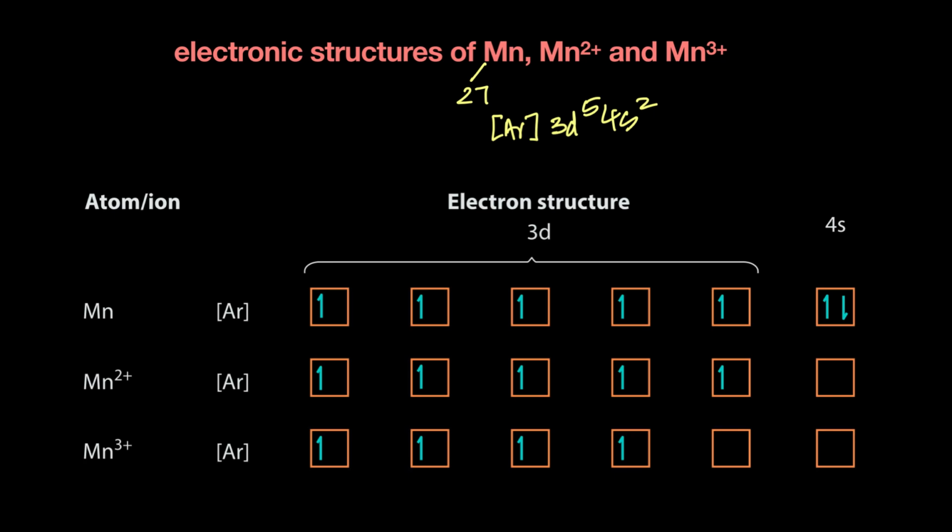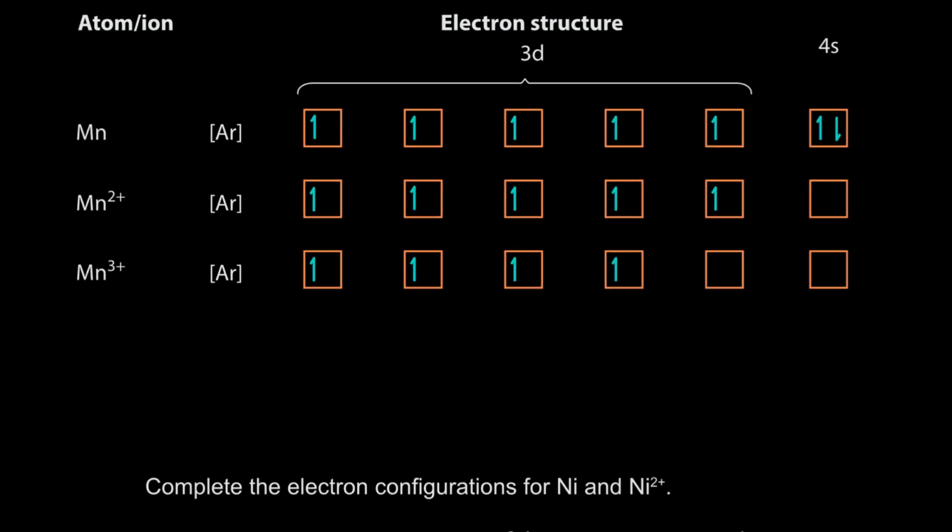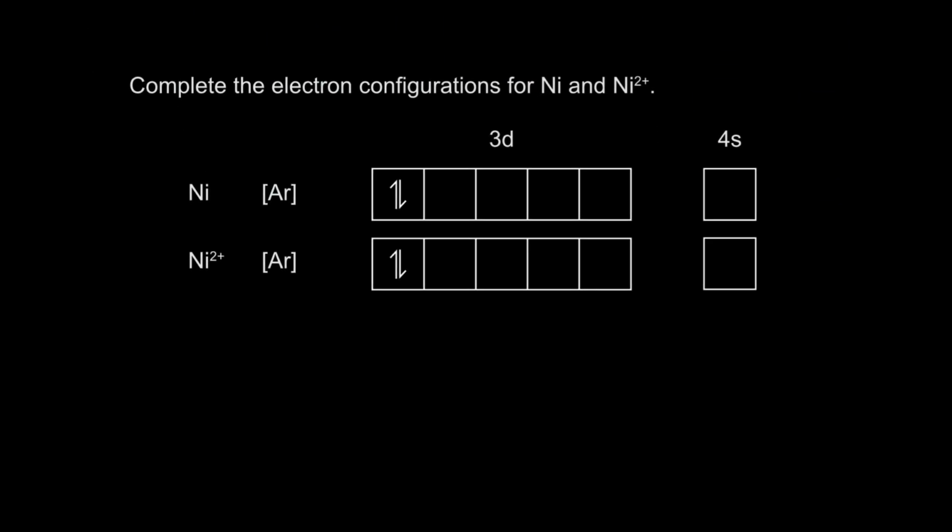All right. Now let's look at an example. This is the most you'll be asked in the exam to do. I've taken this from one of the past papers, and it's very simple: completing the electronic configuration for nickel and the nickel 2+ ion. If you remember the periodic table, nickel's proton number is 28.